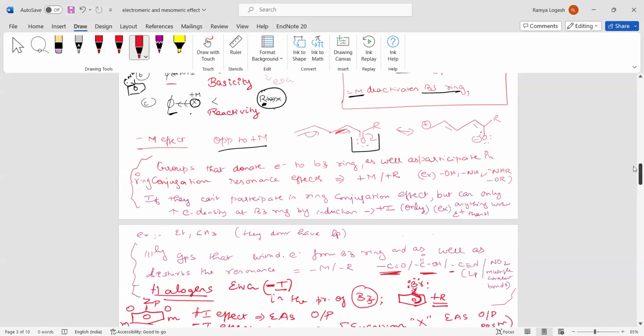Fine. So the most common question that we could expect is about the resonance structures. What is resonance and what kind of structures are stable enough? So that we will see now. What are the conditions to draw the resonance?